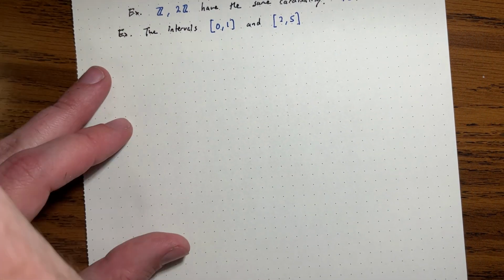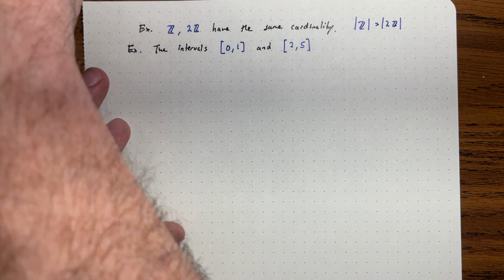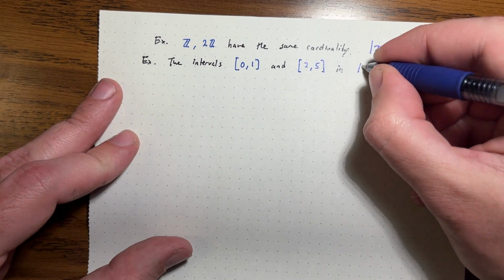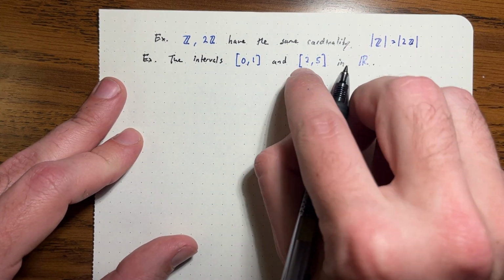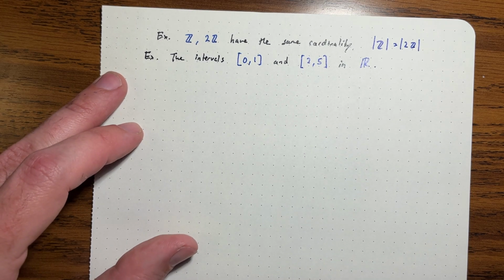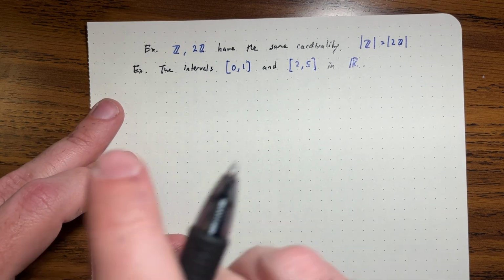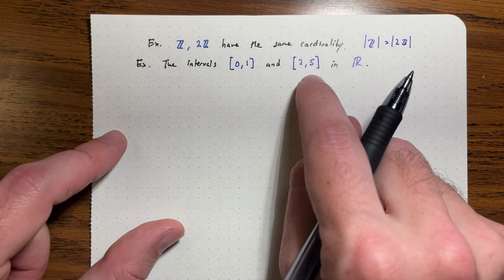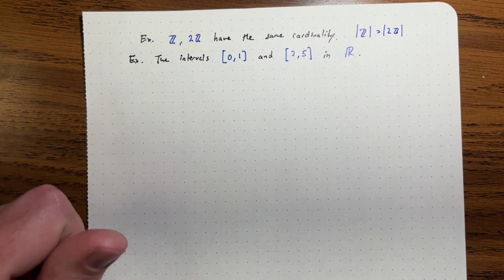And both of these I'm thinking of as intervals of real numbers. So these are in the real numbers. Okay. So just every number between 0 and 1, inclusive of the endpoints. So every number between 2 and 5. Well, do these have the same cardinality? Seems like that one is 3 times longer than that one. So seems like it should have 3 times as many numbers. But is there a bijection between the two?